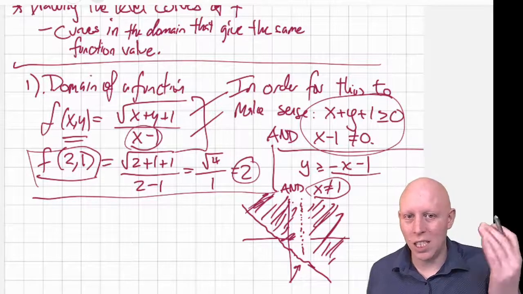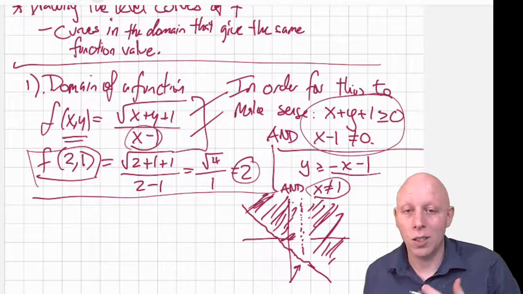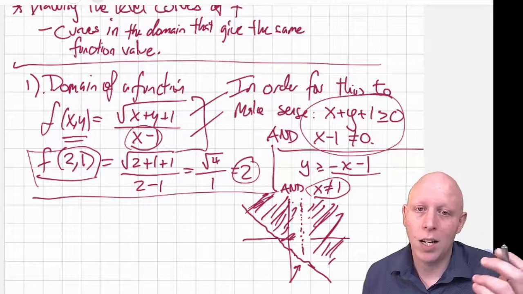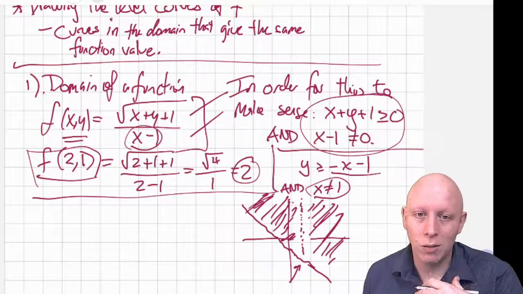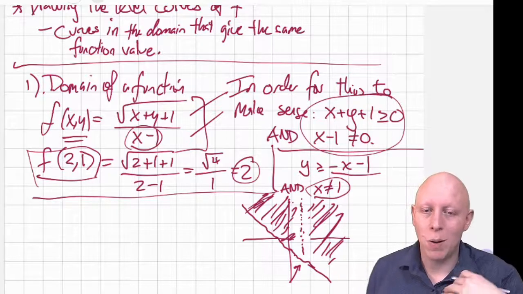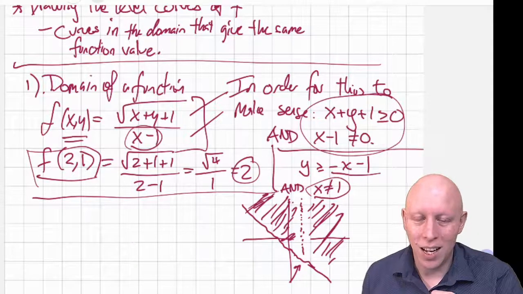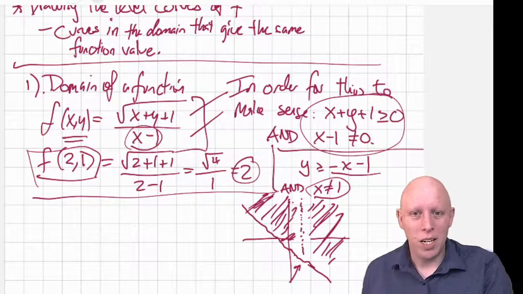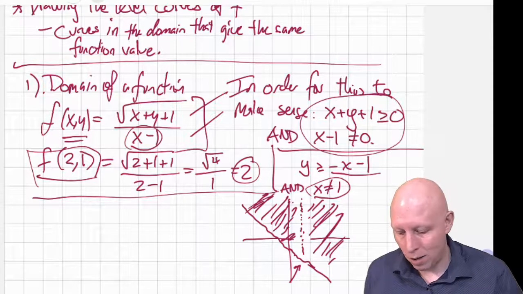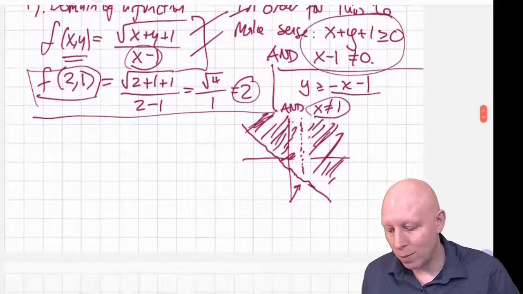Okay, you're starting to see already that the domain of a function can be a lot more complicated. The domain of a function of multiple variables can be much more complicated than what we're used to. Before, domains were always intervals, but here these sets can be a little bit crazier.